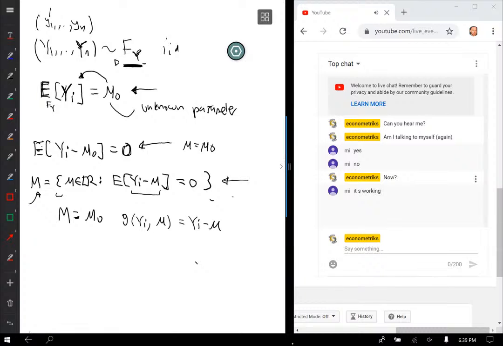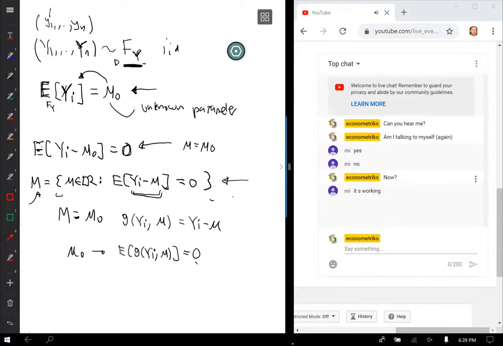Well, another way of saying that then, with a mu naught, is just the value that sets E of g yi mu equal to naught, and it's got one unique solution. Again, it's a shorthand for this. There's only one value of mu that satisfies that, and it's the population mean mu naught.